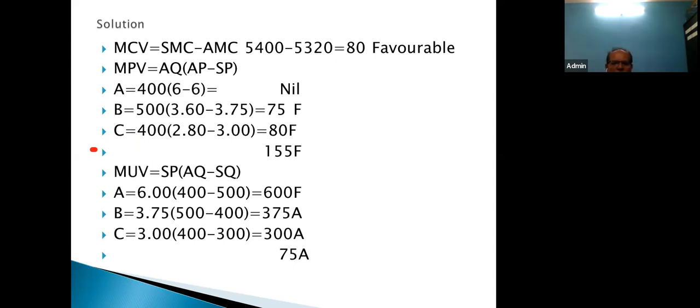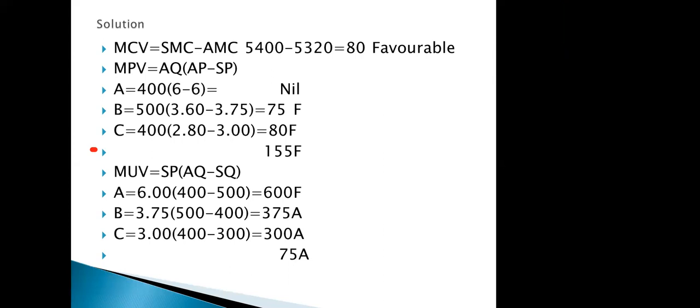From 155, 50 goes. Net is 105. So 105 would have been the favorable figure. This could be a situation also, but here since A is nil, we have taken the total of these two products. Otherwise, this unfavorable A would have been subtracted from favorable. But here it is not that situation. Are you following me? What I am trying to explain to you? Yes, sir.